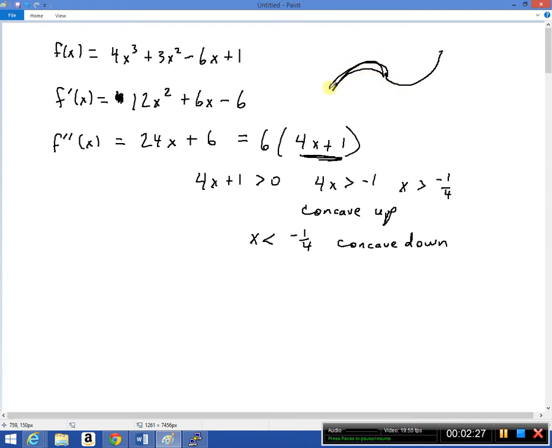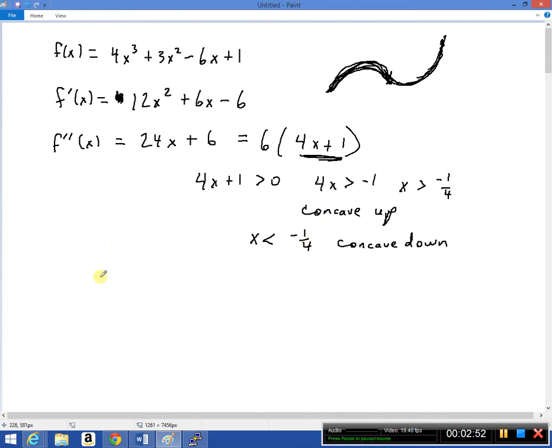So it's going to be your typical cubic polynomial, which is not drawn real great here, but that's the basic shape, and you know it's going to look like that because if it's 4x cubed, it's the leading term, so it's going to have to go up this way and down that way. But we now know that x equal to negative 1/4 is this point of inflection.